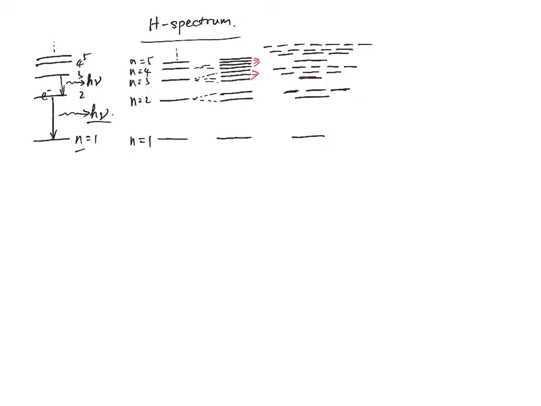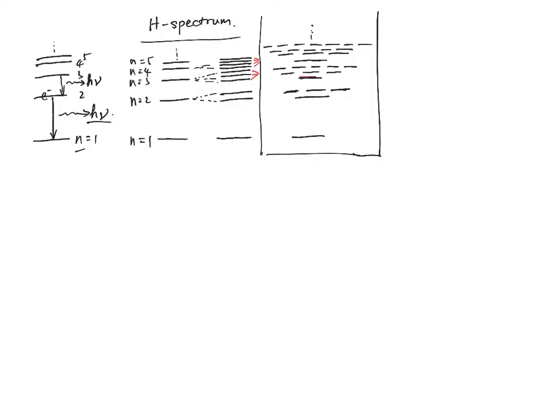The next one would be 1, 3, 5, 7, 9, 11, and so on and so forth. So eventually it ends in a much more complicated scheme, like this.